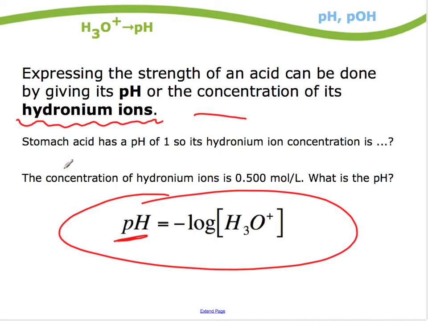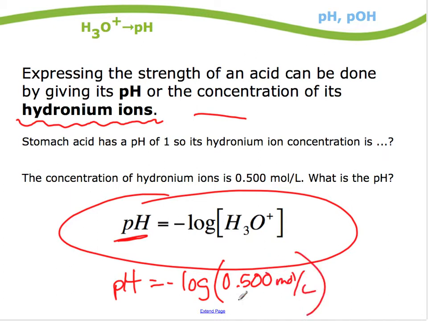So for example, here's one. The concentration of hydronium ions is 0.500 moles per liter. What is the pH? So all I would do is plug numbers into my calculator or into my formula. On my calculator, I go negative log of 0.5.